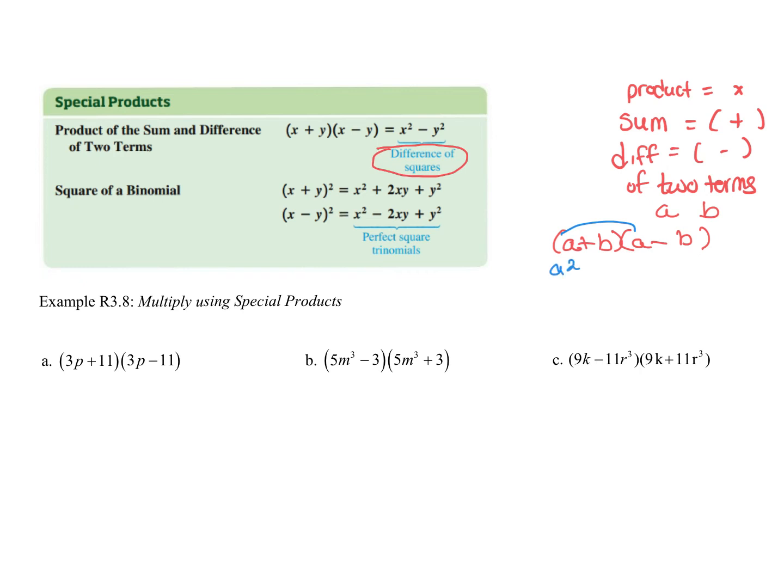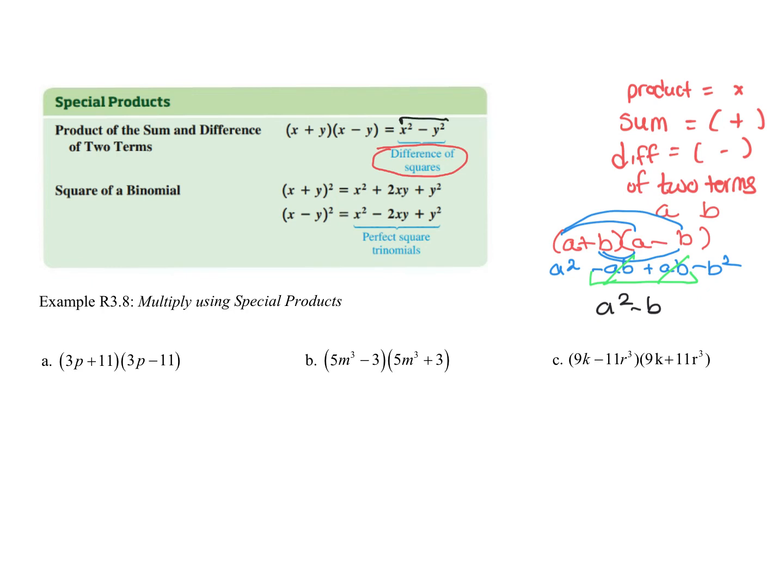A times negative b is negative ab. B times a is a plus ab. I like to write things in alphabetical order. So ba is the same thing as a times b. And then b times negative b is a negative b squared. These two are going to cancel off, which leaves us with a squared minus b squared, which is what's right here, the x squared minus y squared.